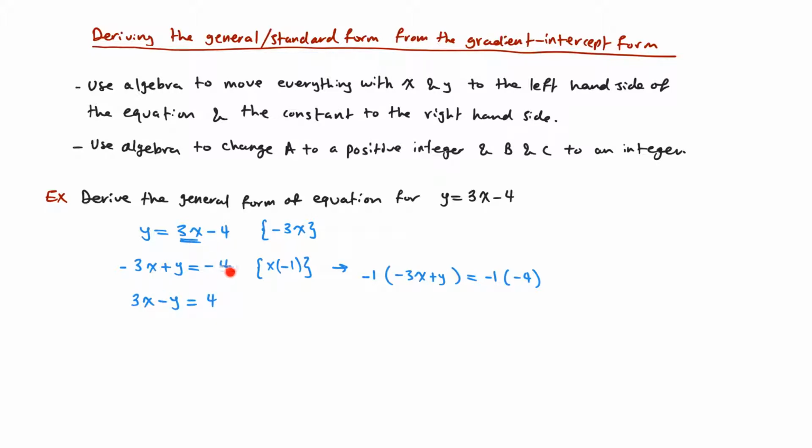They do multiply it by negative 4 and they get positive 4, and they get 3x plus y is equal to 4, which is not the correct solution. So you have to multiply the negative 1 by the whole expression here, which means that you have to actually apply the distributive property rule, and that means that you have to multiply the negative 1 by both of the terms on the left-hand side.